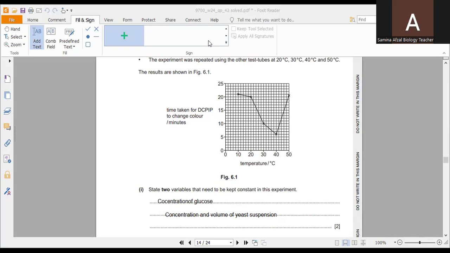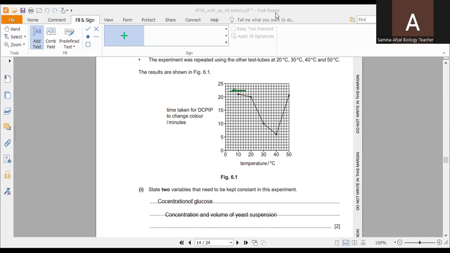Then as temperature increases, the time to change decreases. This is the highest point, which is at 10 degrees centigrade. From 10 degrees centigrade, as temperature increases, the time decreases.